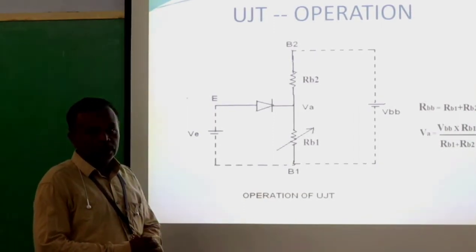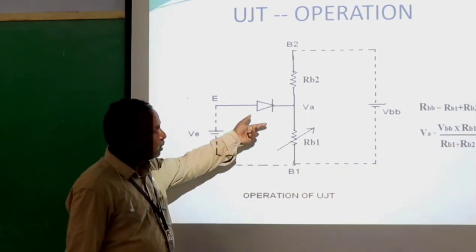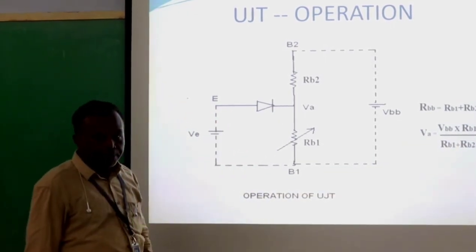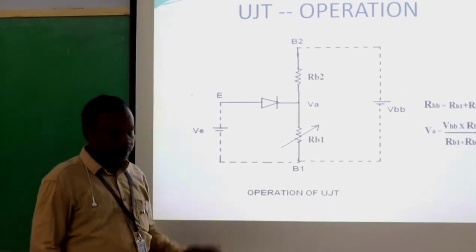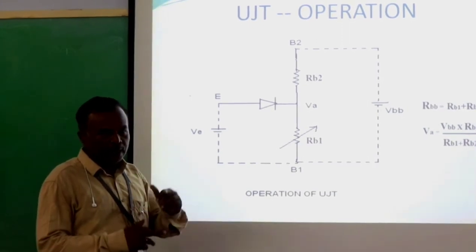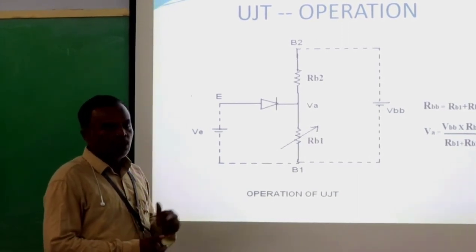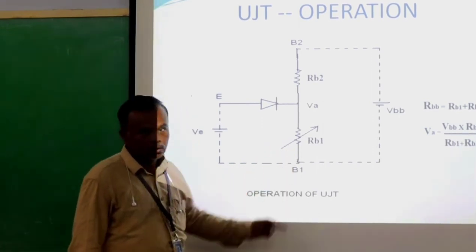Up to the voltage attained at Vp, the voltage is maximum. After that, beyond Vp, the voltage is reduced and the current is increased to a certain level.